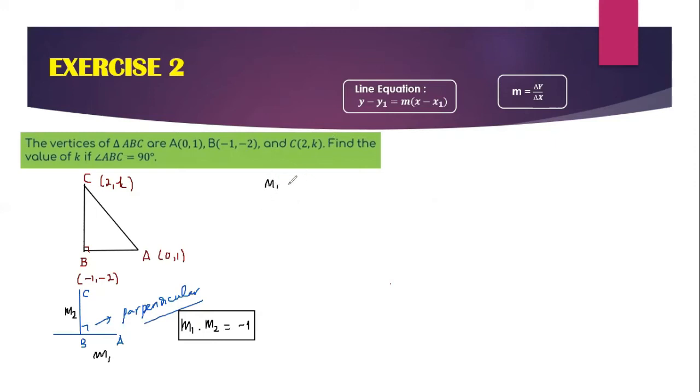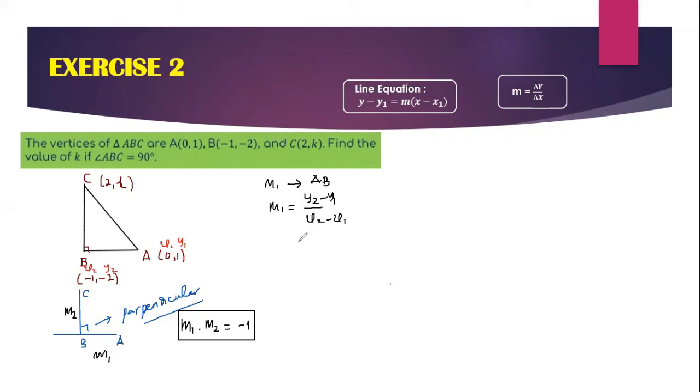M1 for the AB, right? M1 is y2 minus y1 over x2 minus x1. This one is x1, y1, and here is x2, y2, right?